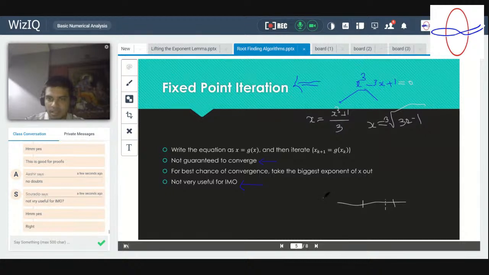So let's say this is the point at the same distance, call that y. So we want the next iteration to lie within this realm, right? And then it can get shorter and shorter.